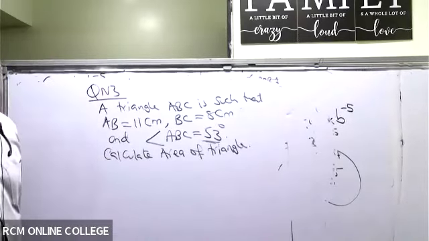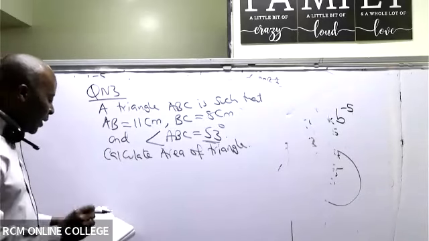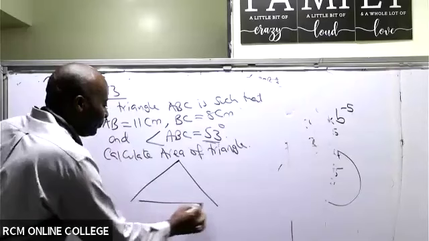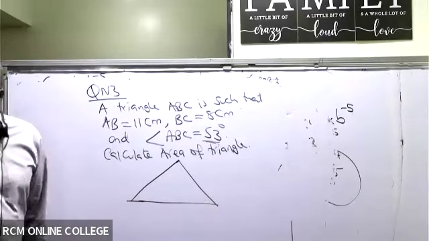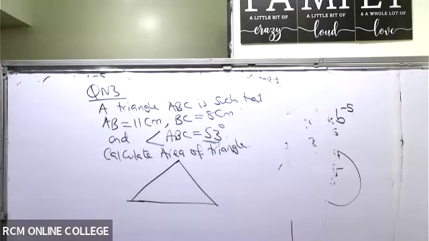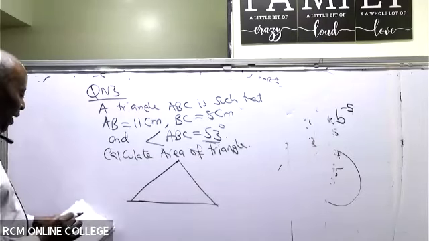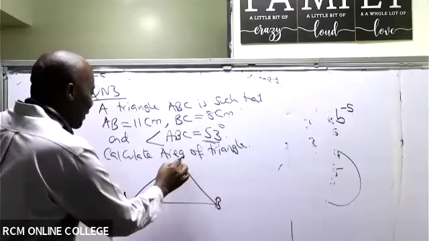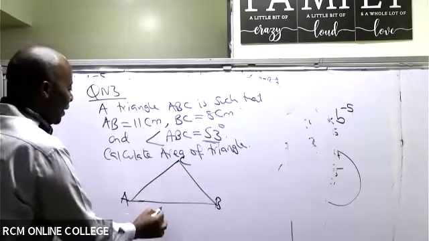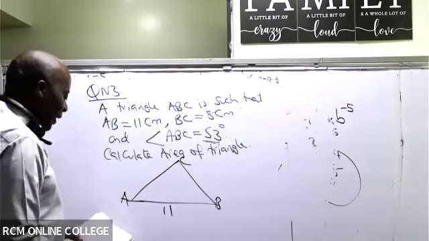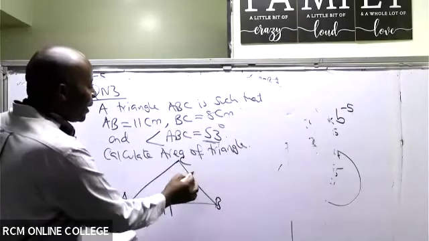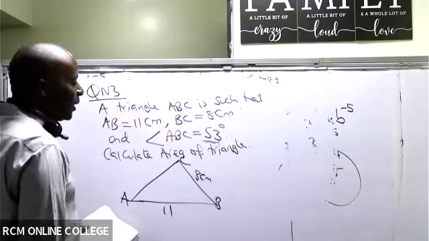So then the first thing, ladies and gentlemen, you're supposed to do here, the Form 1s, listen to me very well. Please draw a triangle, which has 3 corners like that. So we have our corner A, corner B, and corner C. So you can see AB is 11 centimeters, and BC is 8 centimeters.